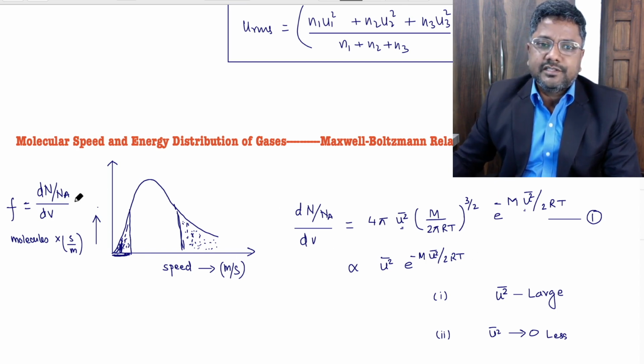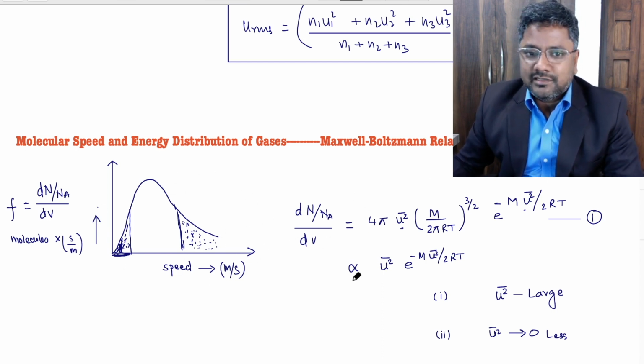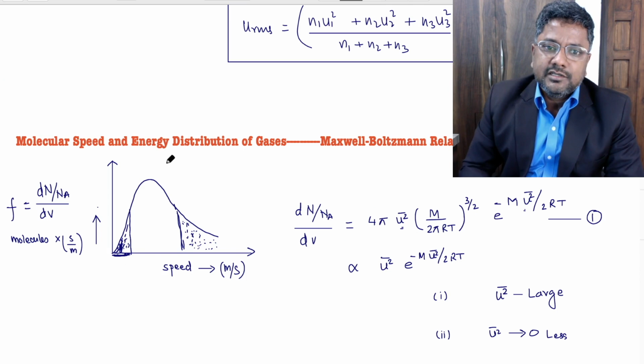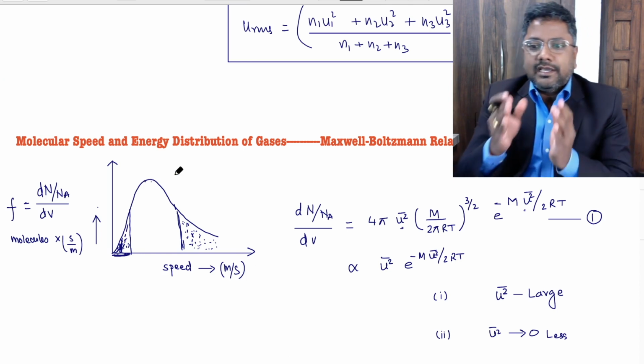So dear students, this is the interpretation of this Maxwell Boltzmann distribution of speed or energy. Now we can see here this broad curve and narrow curve.